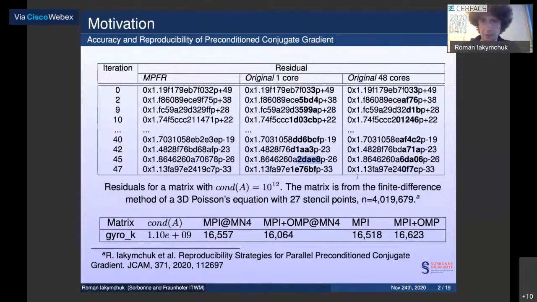Further in the studies, we discovered that even the number of iterations may vary. For instance, we took some matrices from the SuiteSparse Matrix Collection with different condition numbers and numbers of non-zeros, and we ran different experiments using a pure MPI implementation, everything done by us, no PETSc or other libraries, and MPI plus OpenMP tasks, on two clusters.